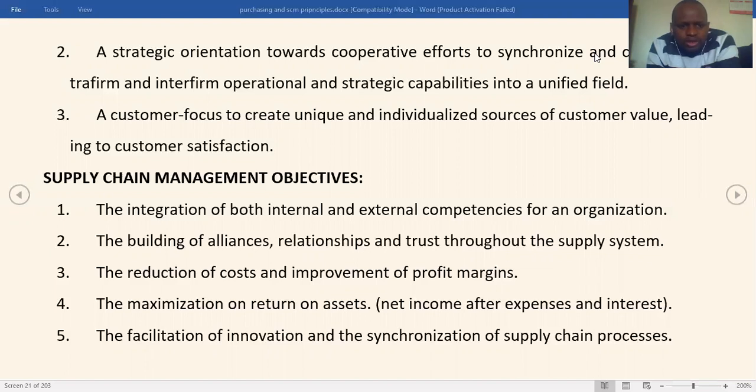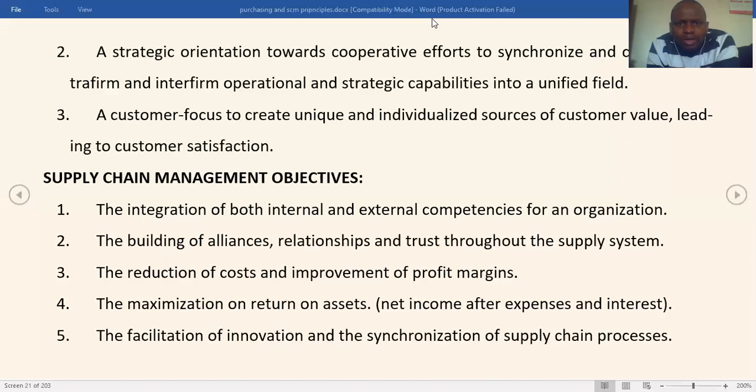The other thing is reduction of cost and improvement of profit margin. So when you embrace supply chain management, at the end of the day, the organization will be able to reduce costs and improve on the profit margins. The other important aspect is maximization of return on investment.